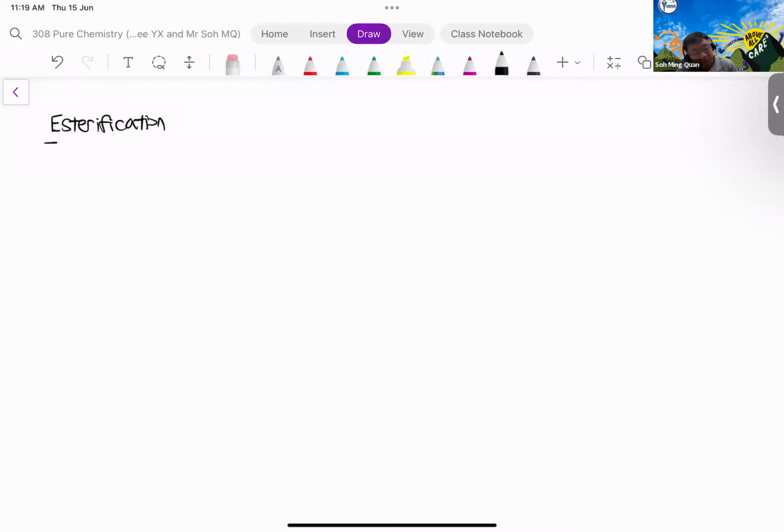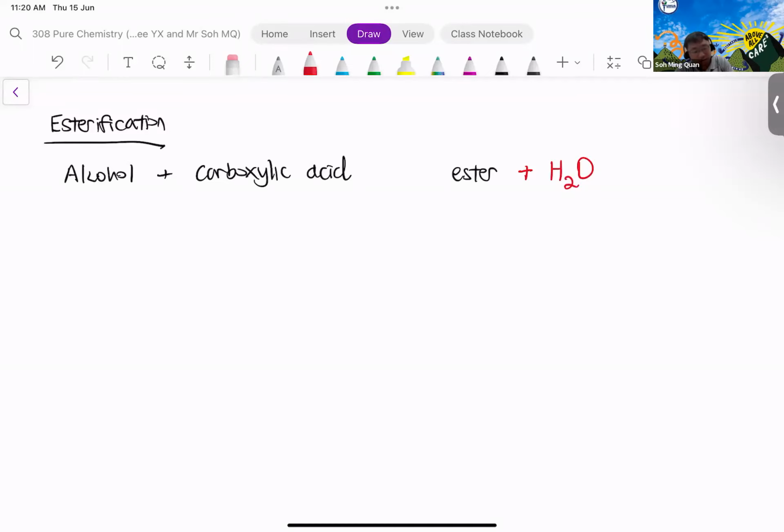It is linked. It involves an alcohol plus a carboxylic acid, and this forms an ester. But many students forget the next part, which is the water. Please don't forget that it forms water in addition to the ester.